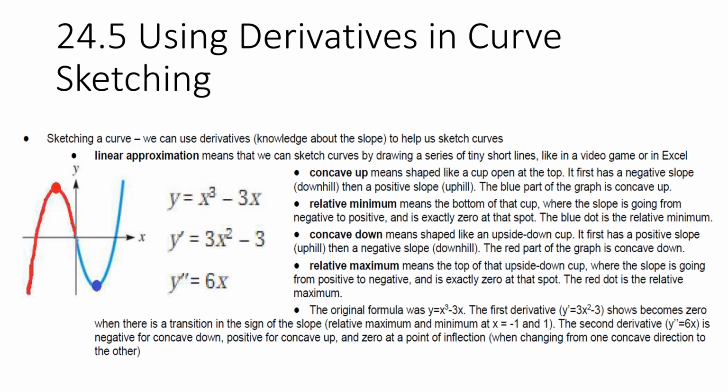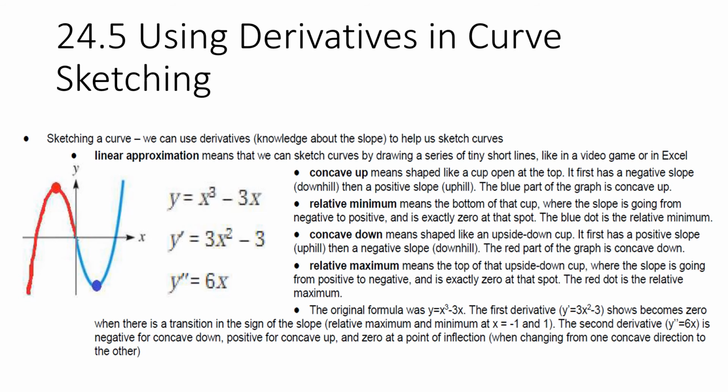We see that the first derivative, y prime, is going to be equal to 3x squared minus 3. So that's just taking the derivative of the original equation. And where does that y prime, 3x squared minus 3, become 0?